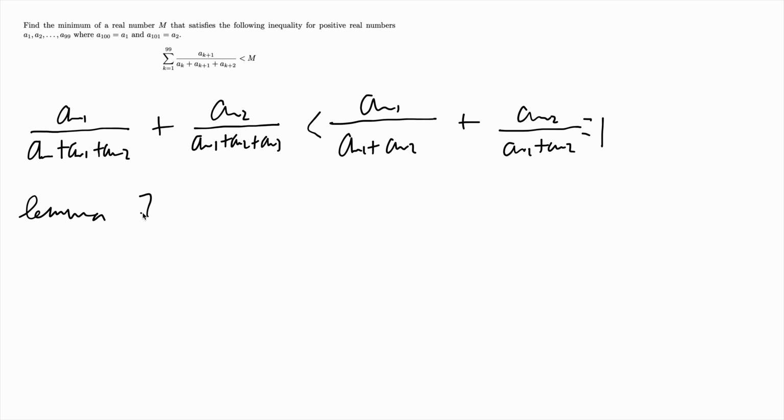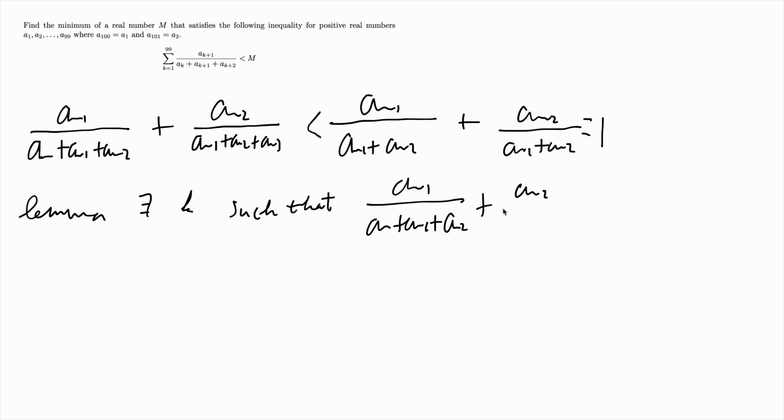Our lemma is: there exists a k such that a sub k plus 1 over a sub k plus a sub k plus 1 plus a sub k plus 2, plus a sub k plus 2 over a sub k plus 1, it starts with 1, plus a sub k plus 3 over a sub k plus 2, 3, and 4, sorry, is less than or equal to 1. And here is our proof.